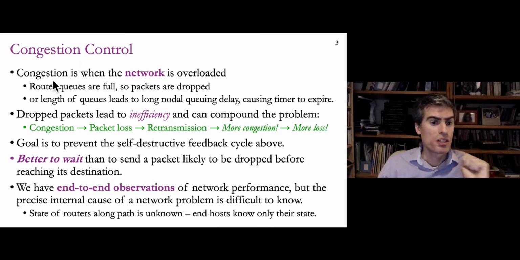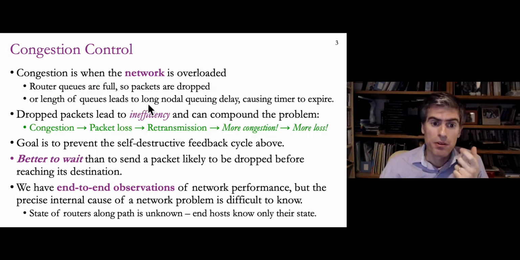So congestion is a situation where you have a network that's overloaded, and when that happens, the links are sending data as quickly as they can, so routers have to queue up data that's waiting to be transmitted. When the router queues become full, packets are dropped.